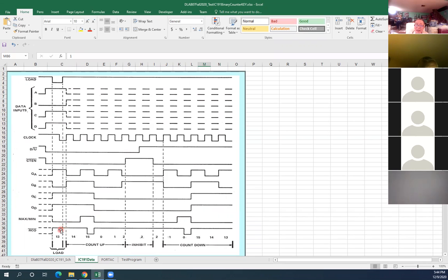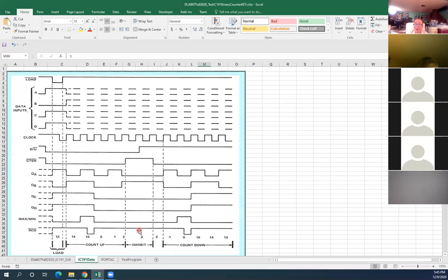And the other one, RCO, has a bar over it, active low. That tells you what happened. Normally it is high, and it will go low, then go back high again.